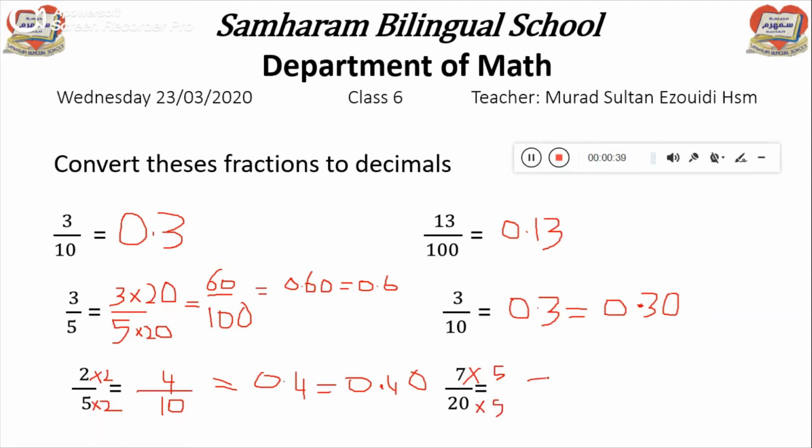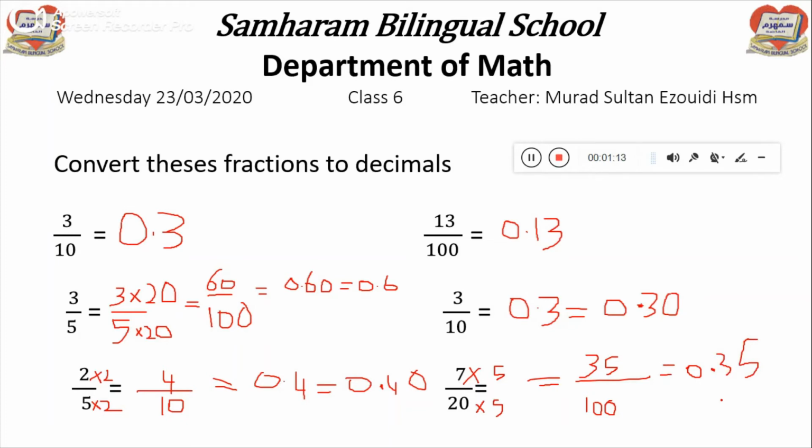So this one equals 7 times 5 is 35, then 20 times 5 is 100. So now you can write it as a decimal. It will be 0.35. Now you can at least convert from fractions to decimals.